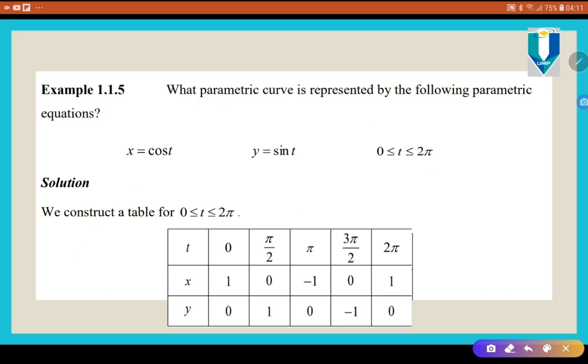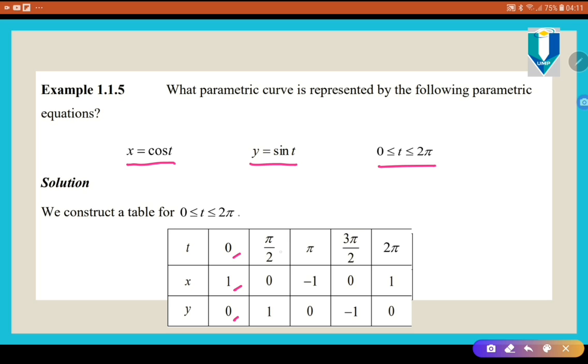So in this example, you want to find what parametric curve is represented by the following parametric equations. We are given x equivalent to cos t, y equivalent to sin t. t varies from 0 until 2 pi. So we construct this table. When t is 0, cos 0 is 1, sin 0 is 0.